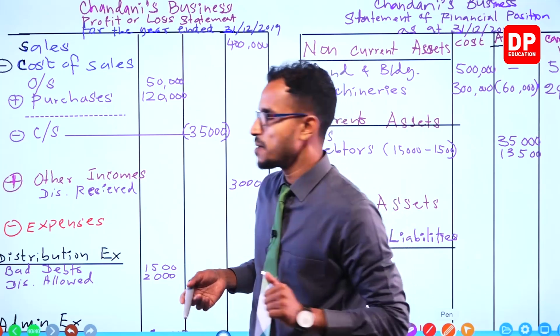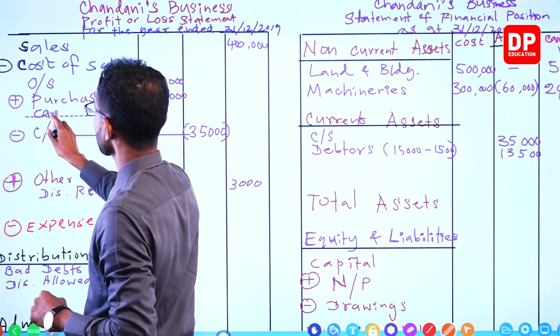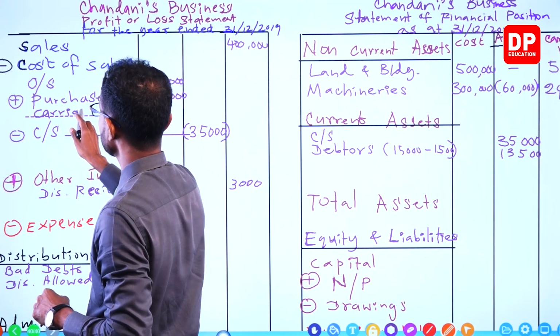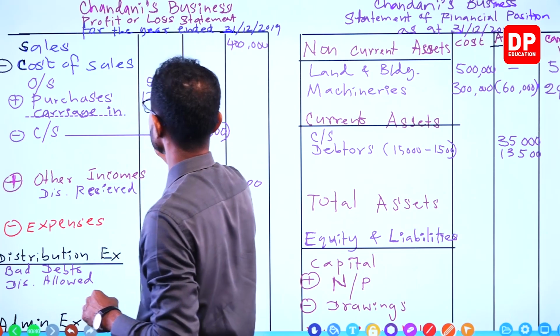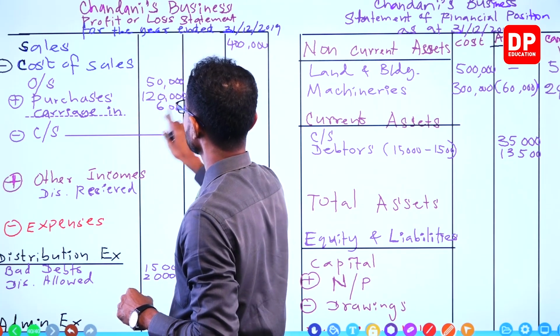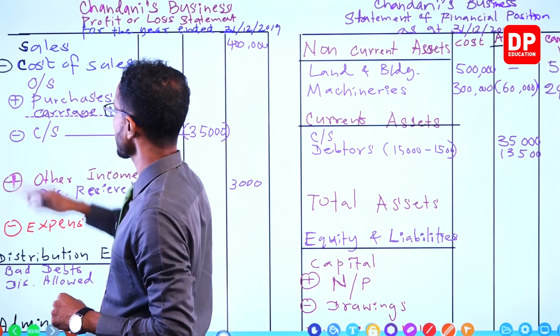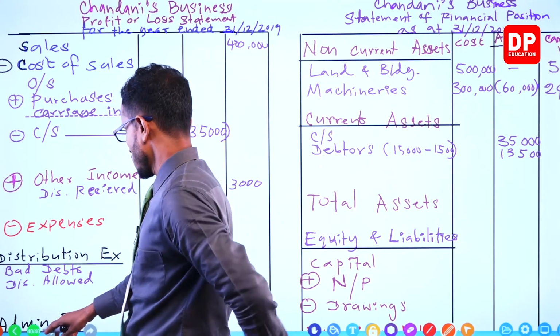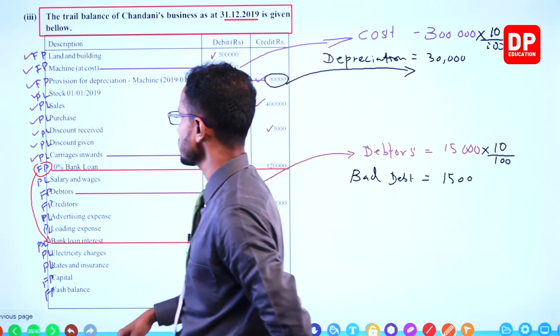Then we got carriage inwards here, 6,000, under purchases. Got it? Took it, so tick it.